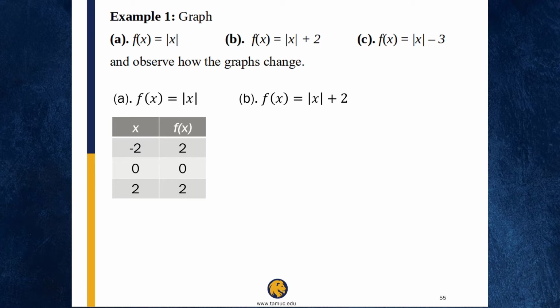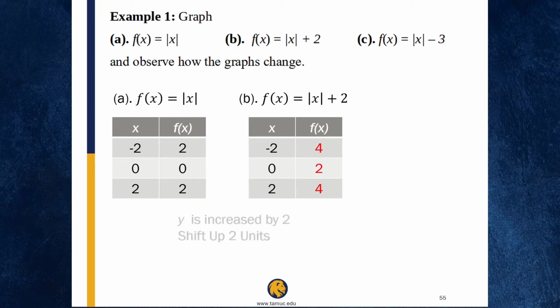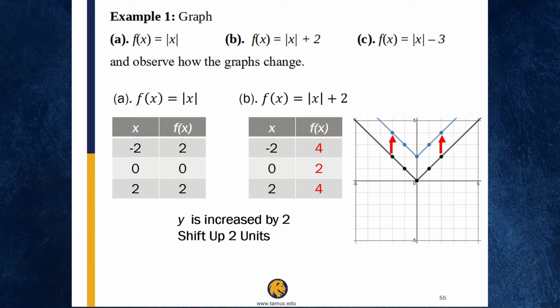With the same x values in the other function, we get 4, 2, and 4. What this means is the y values have been increased by 2. And as far as the graph goes, that means it'll be shifted up by 2. So we can see that here in the graph how it starts in one location and then it shifts up 2 units.